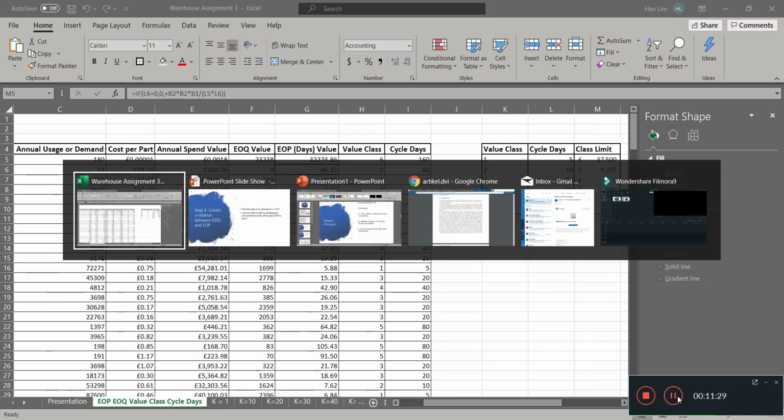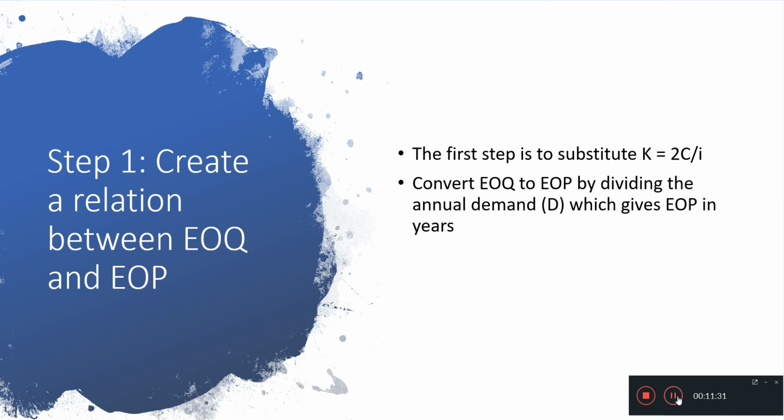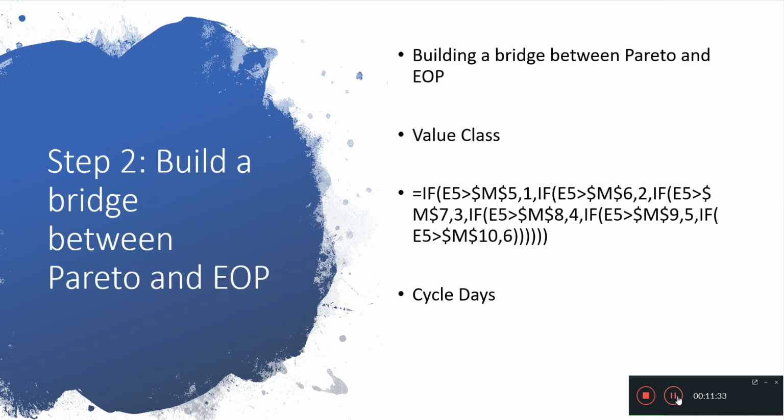Next we'll be talking about step 2. Step 2 is building a bridge between the EOP we calculated just now and the Pareto principle. First of all, we need to create two pieces of information in this step.